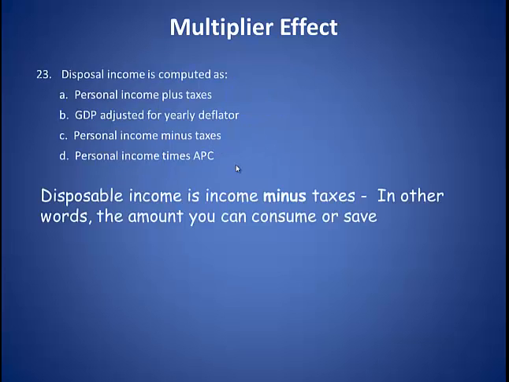If you remember from your previous slides, the answer is that disposable income is computed as income minus taxes. So the answer in this case would be C. In other words, the amount you can consume or save.